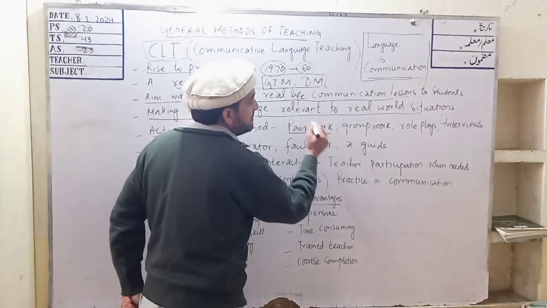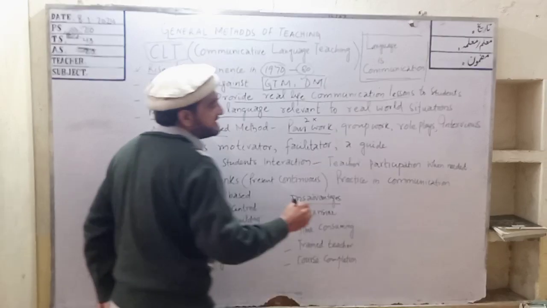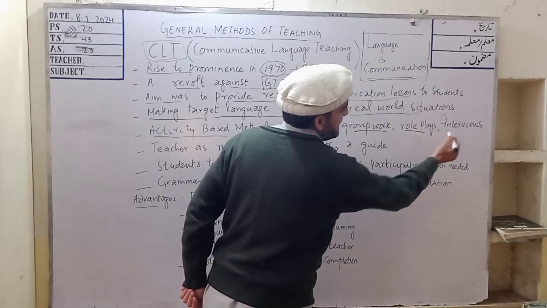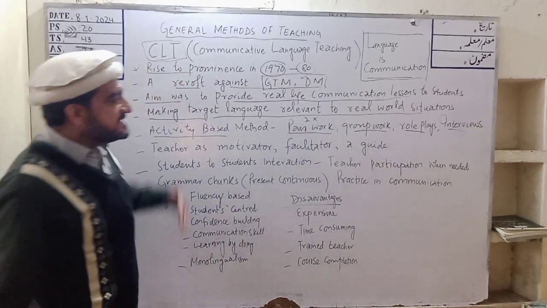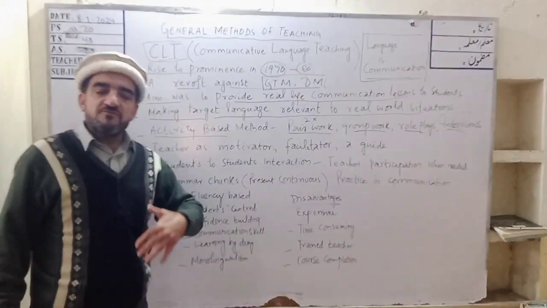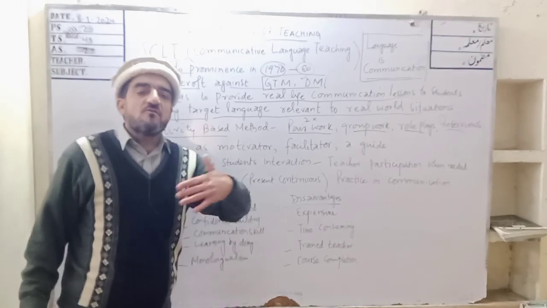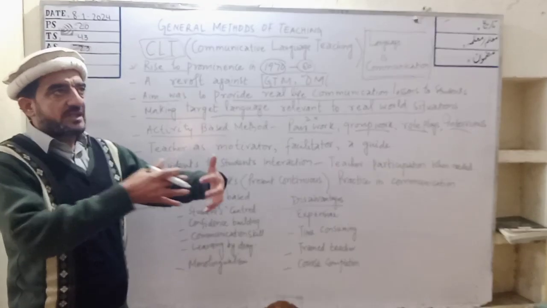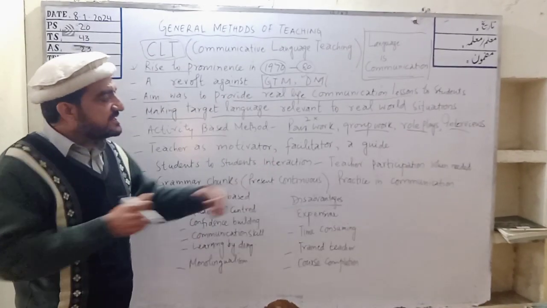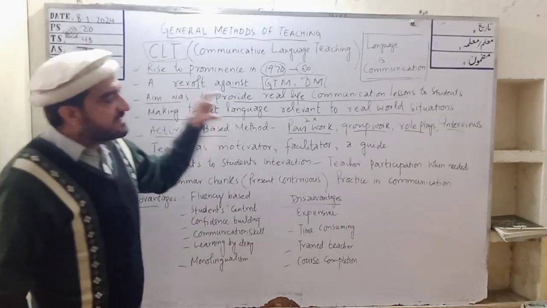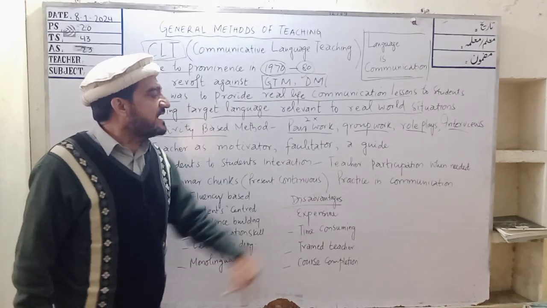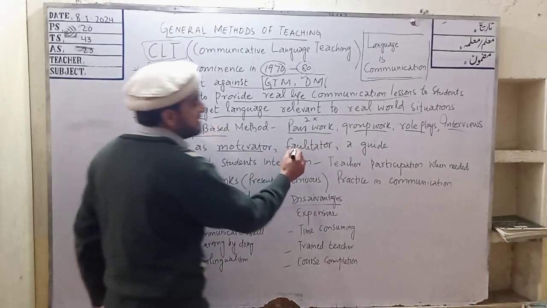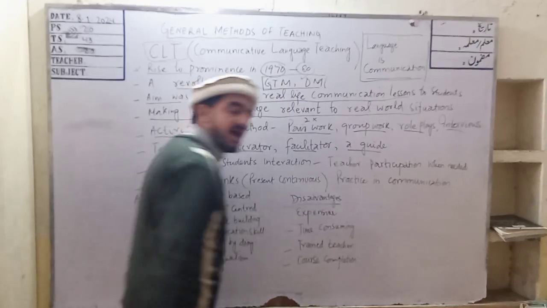Peer work means two students, group work means more than two students, role plays or interviews. These are the different activities in which the teacher involves the learners, and they communicate with each other on different topics given by the teacher. Teacher is only a motivator and facilitator along with being a guide.